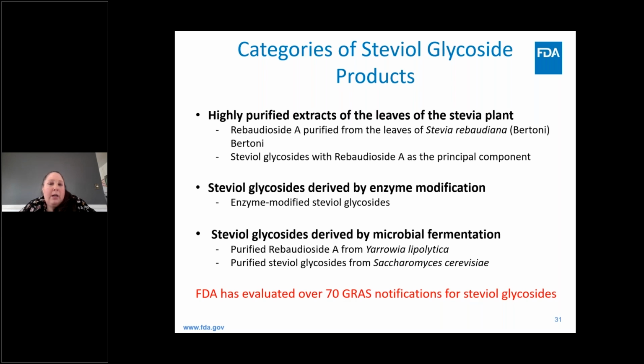And then finally, because the processing and purification from the stevia plant leaves is rather intensive, more and more food manufacturers are turning to microbial fermentation as a way to produce Steviol glycosides. And to date, the FDA has evaluated over 70 GRAS notifications.